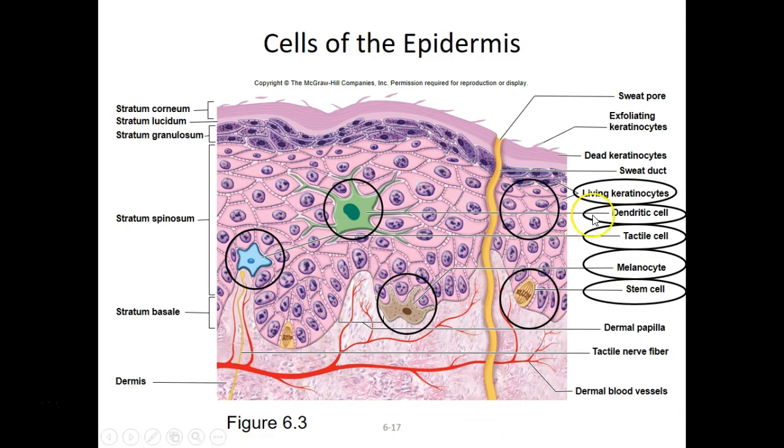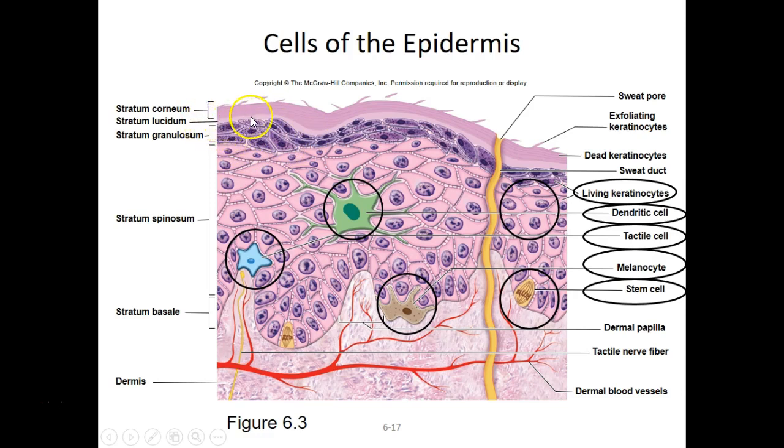So in the basal layer and the stratum spinosum layer, we have living cells. And then as we move up into the granulosum layer, the amount of keratin granules starts to overtake the cell, and the cell starts to die.